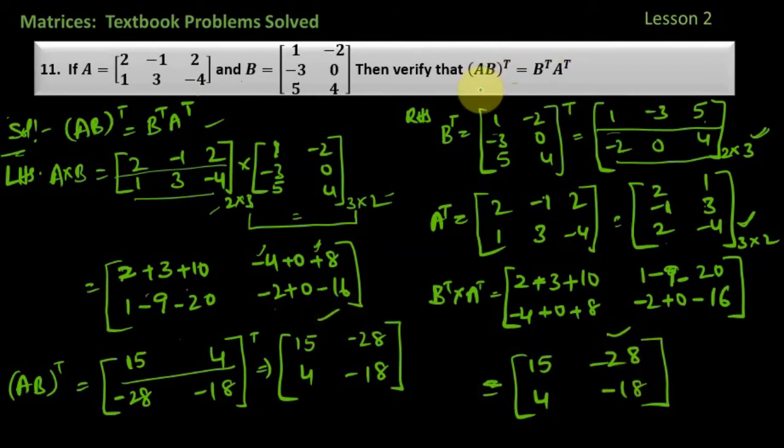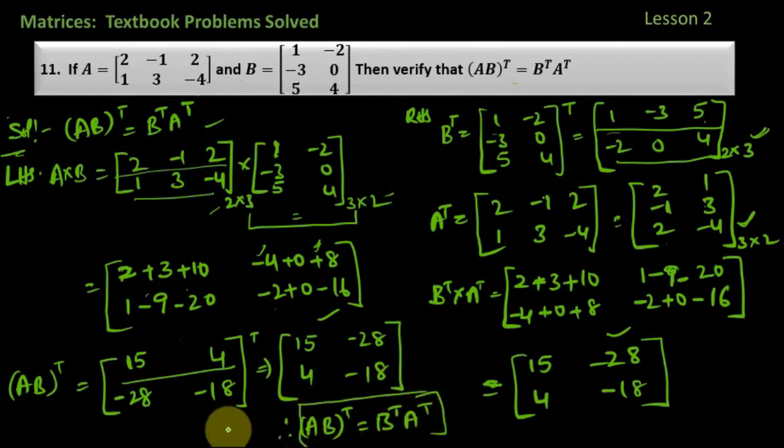Therefore, this is true. Therefore, AB whole transpose is equal to B transpose A transpose. You should remember this. Finish. Now we will do the next problem.